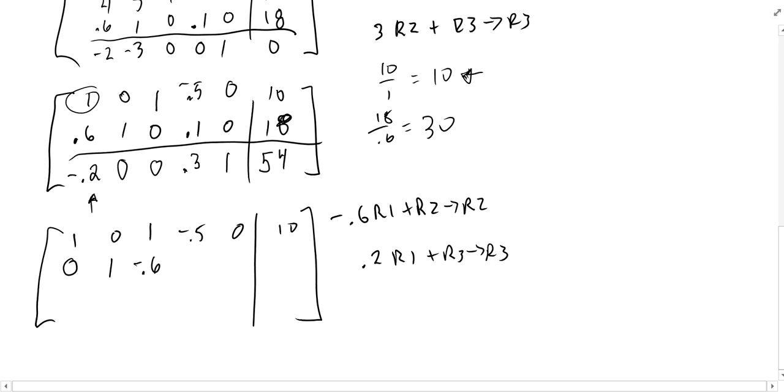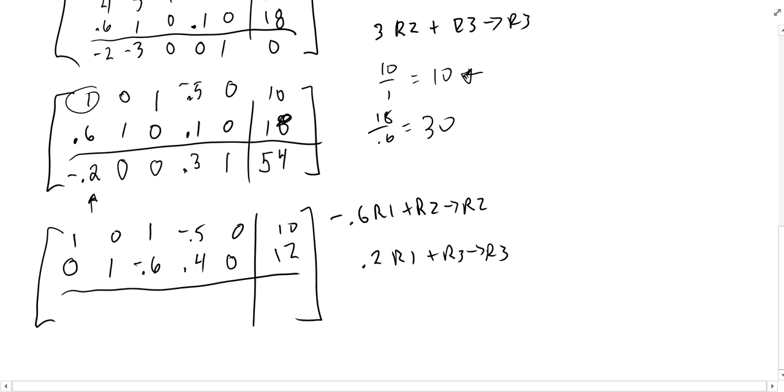Negative 0.6 times negative 0.5 gives us 0.3, and then I need to add it to the 1, so that would give us 0.4. Negative 0.6 times 0 plus 0 stays 1. Negative 0.6 times 10 is negative 6, add it to the 18 would give us 12.